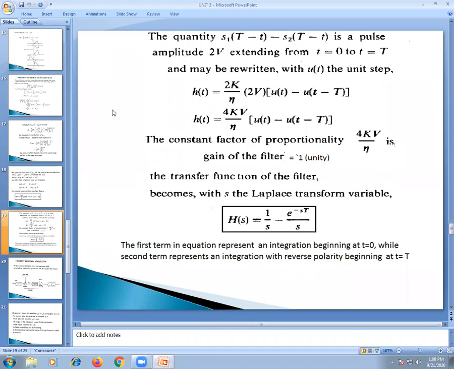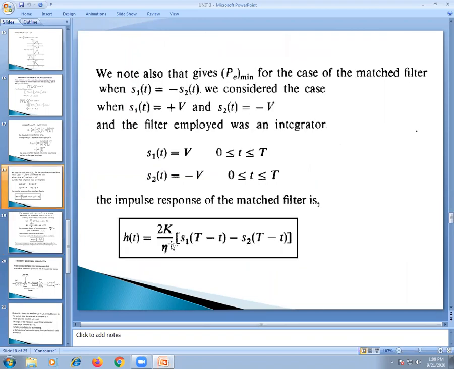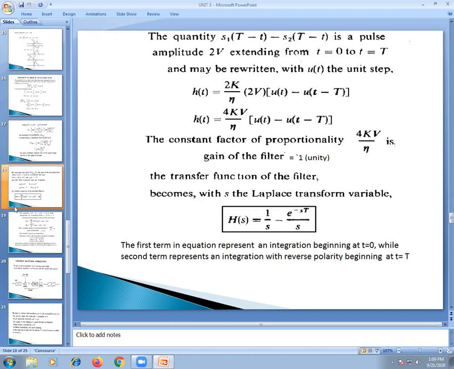That is the resultant, where the factor within the integral, with the 2k by eta, is S1(T − t) minus S2(T − t). This difference factor has a magnitude of 2v extended from 0 to T, and may be written as a unit function.